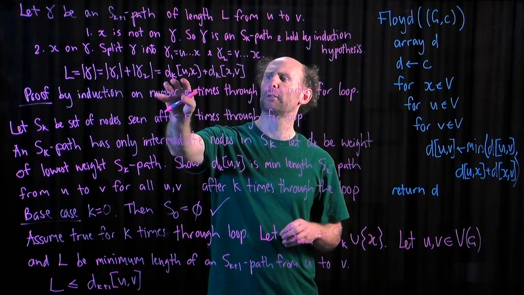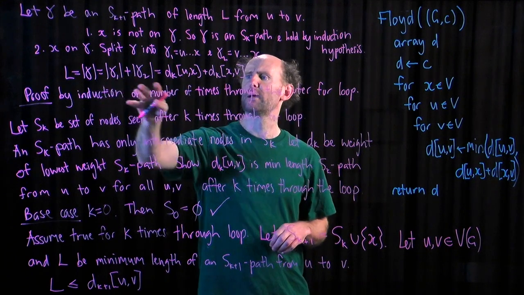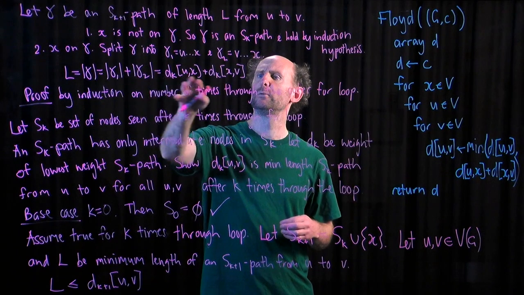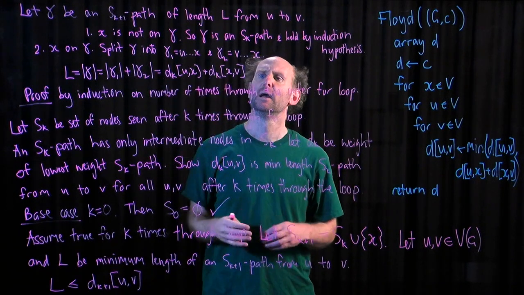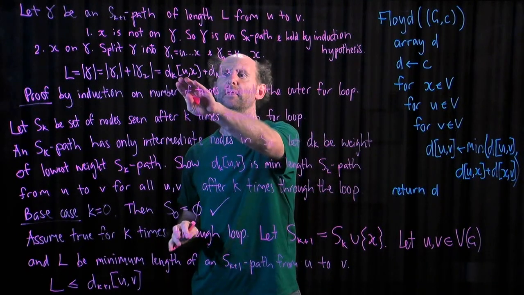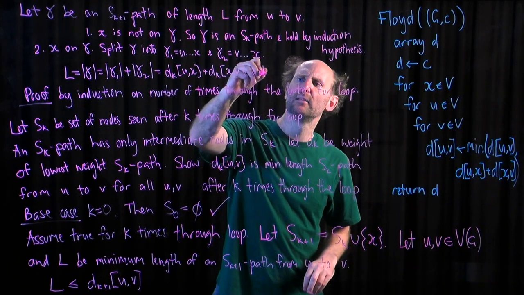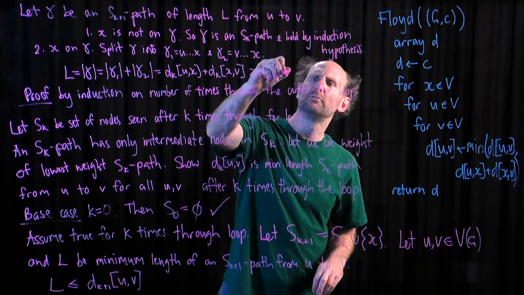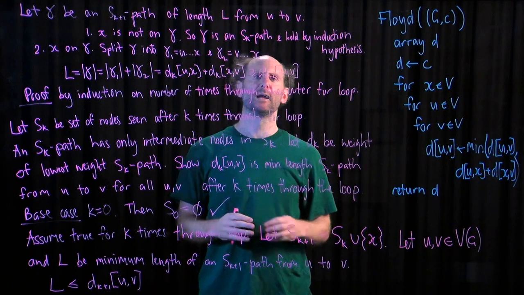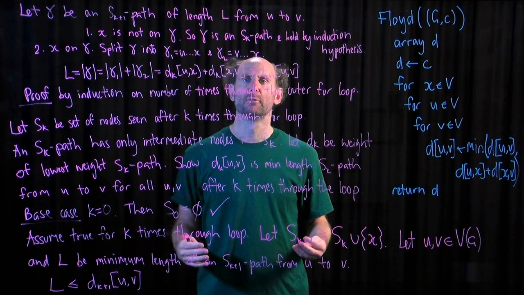By the inductive hypothesis, since they're both S_k paths, the cost of gamma 1 is equal to d_k(u,x) and the cost of gamma 2 is equal to d_k(x,v). And from the update formula, this sum must be at least as large as d_{k+1}(u,v). So L is greater than or equal to d_{k+1}(u,v), and L is less than or equal to d_{k+1}(u,v).